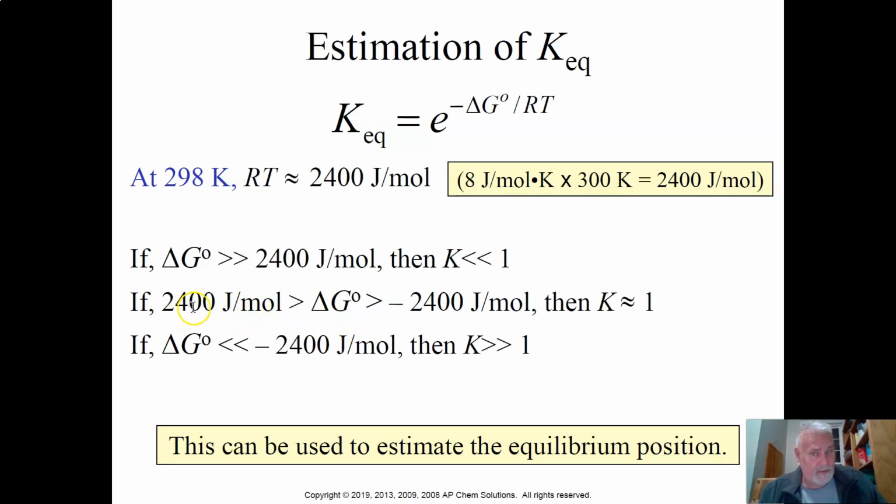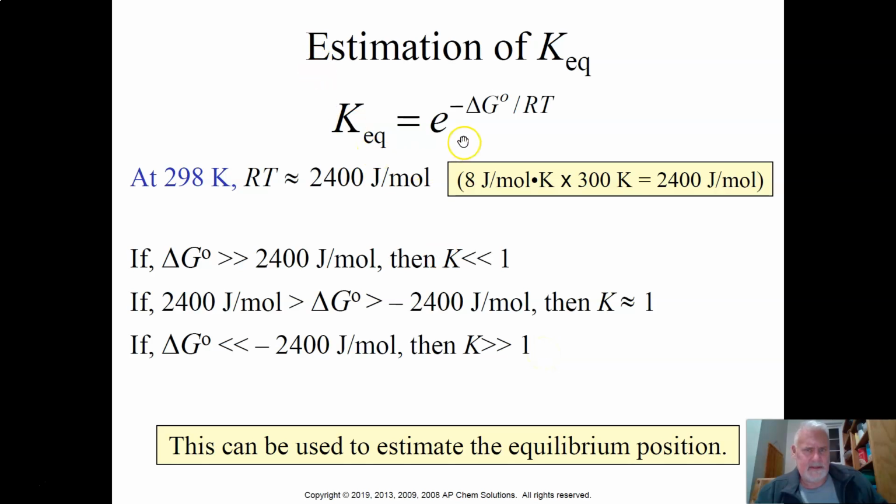Now, if delta G is approximately equal to 2400, then you're just about at equilibrium. And if it's less than that, then delta G is going to be a negative number, and that would give you a large KEQ value.